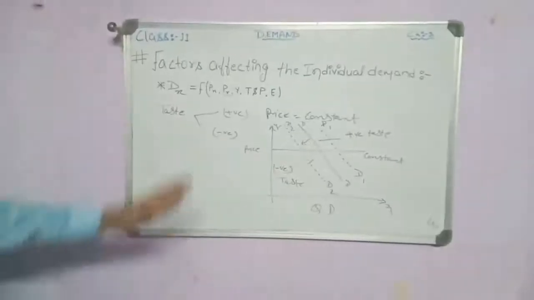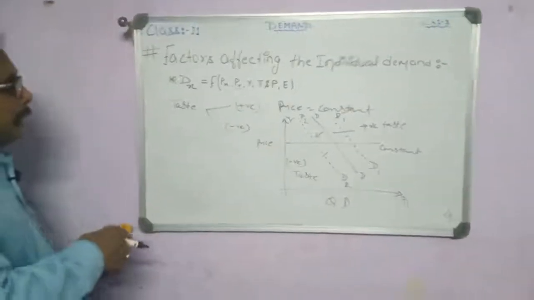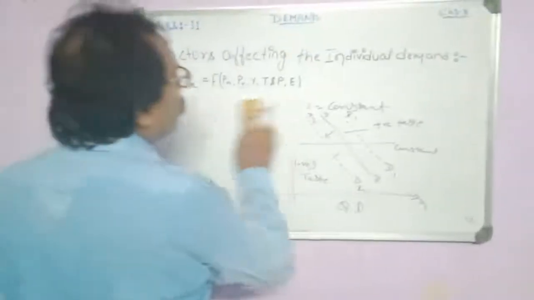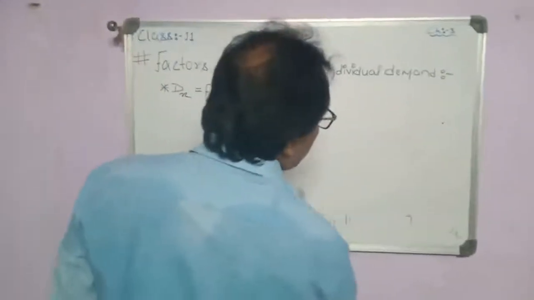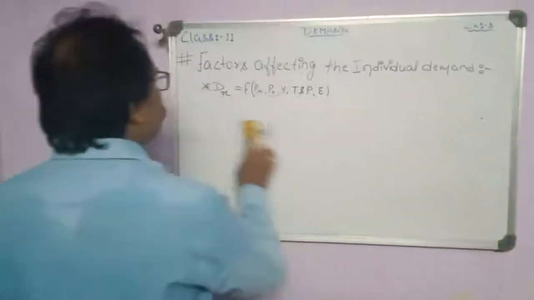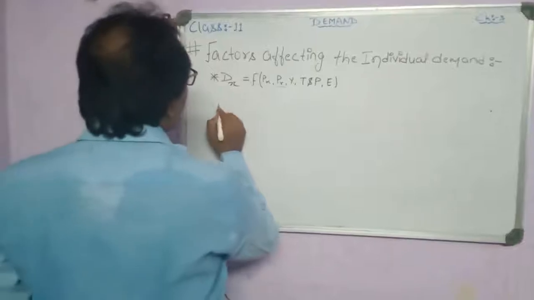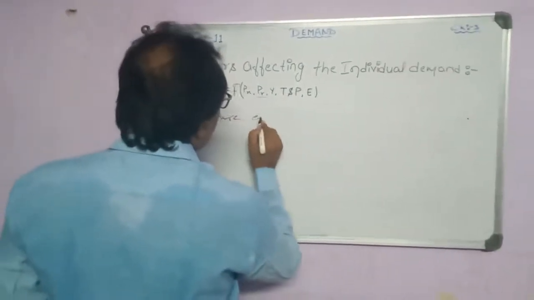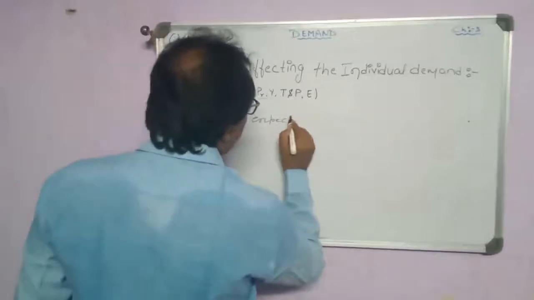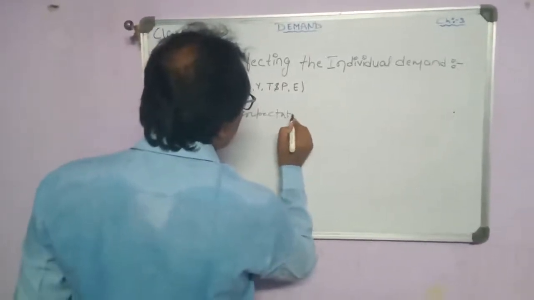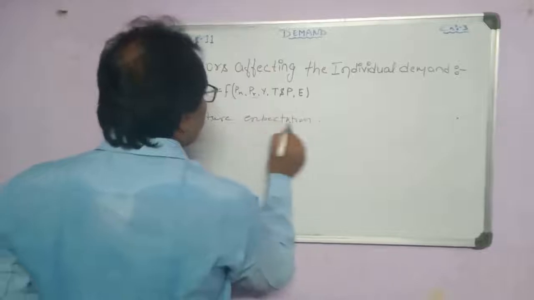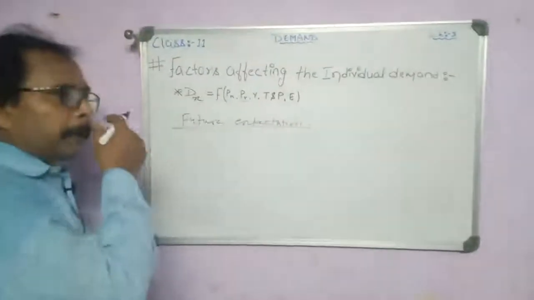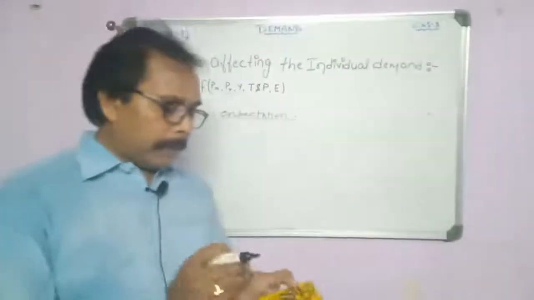Now come to the last, that is the E. E is known as future expectations. So future expectations. So I just want to give you one example.